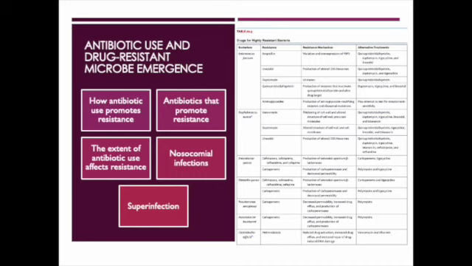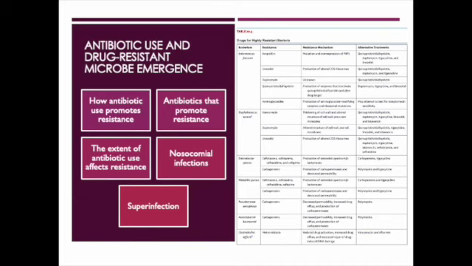Now we have a secondary infection because we have that breakdown of the normal flora. Because broad spectrum antibiotics kill more of the normal flora than narrow spectrum antibiotics, superinfections are more common in patients receiving broad spectrum agents.